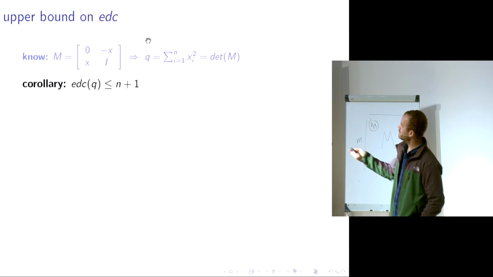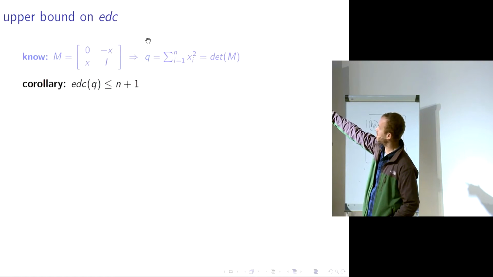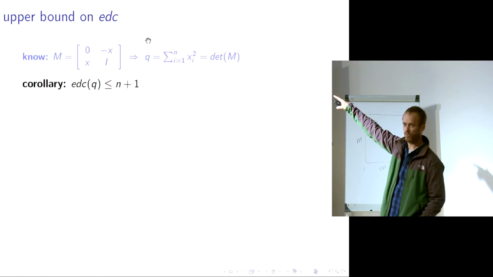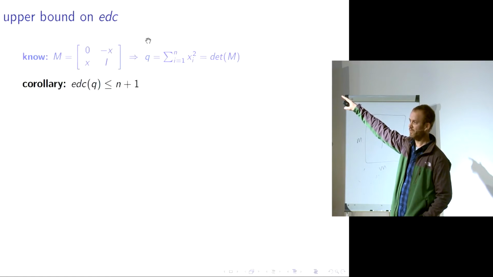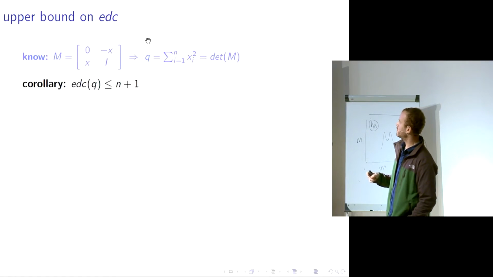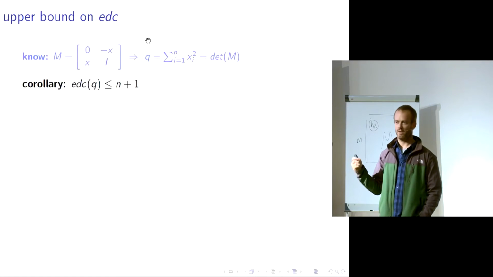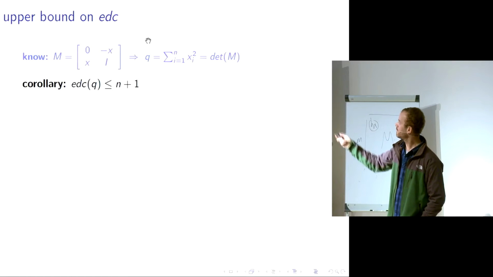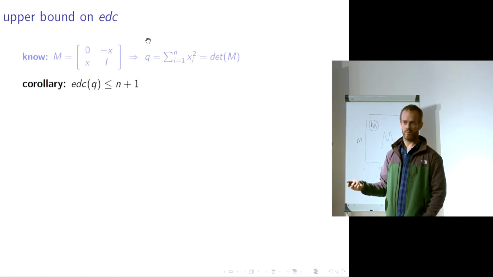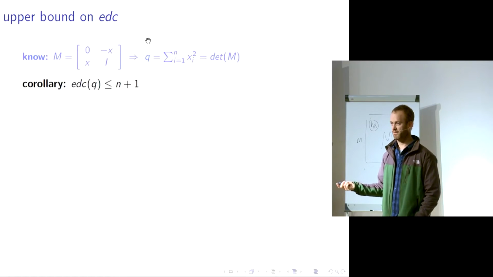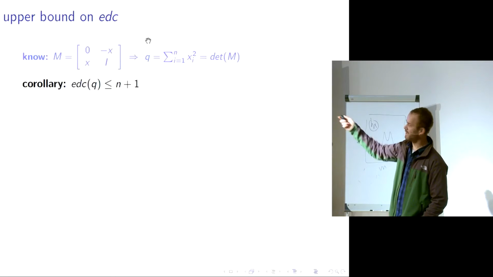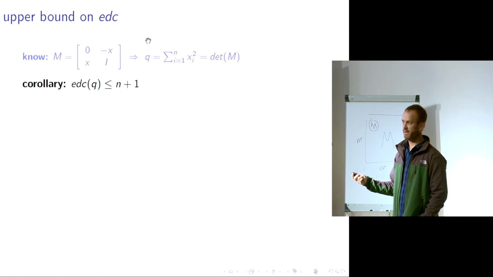So for example, if you replace y with x, you get q. So this means that the equivariant complexity is at most n plus 1. The size of the matrix is n plus 1. Why is this an equivariant representation?